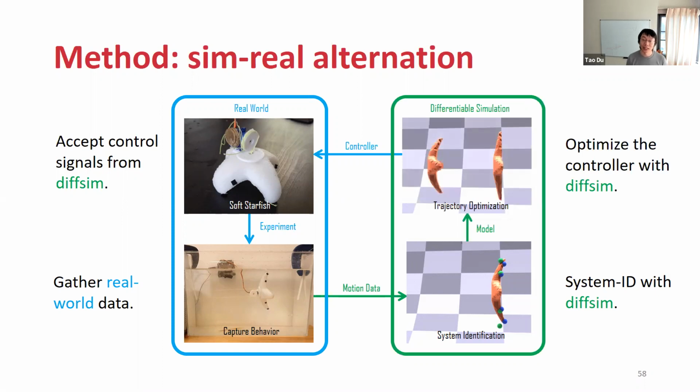Finally, once we have the calibrated model of the soft starfish as well as the calibrated hydrodynamic effects, we can again use the gradient information from the simulator to improve the open loop control signal. In simulation we can observe the improvements by optimizing the control sequence, and this sequence will then be returned by the algorithm, closing this sim-real alternation and starting the next iteration.